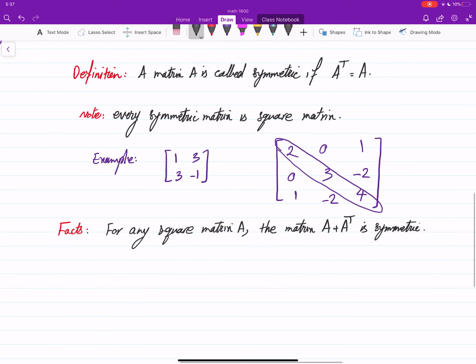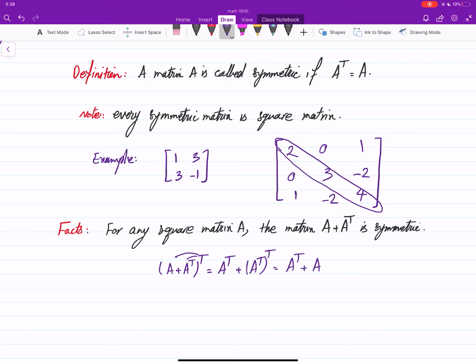Why is that so? Well, if you want to check whether something is symmetric or not, you have to find its transpose and show that it is equal to the original matrix. Here, for the transpose of A plus A transpose, you know that the transpose distributes over the sum. But the second summand already had a transpose, so the transpose of transpose is the original matrix.